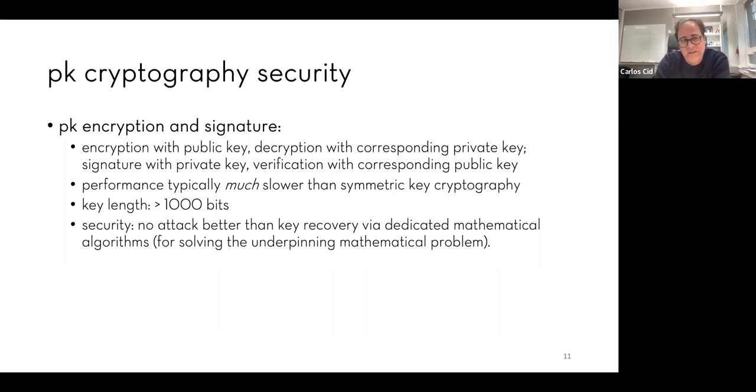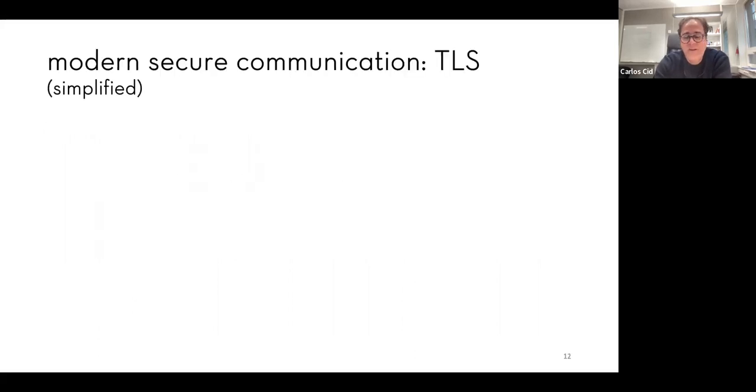This is not very easy to do, although in the case of RSA and discrete log there is a good understanding. For the algorithms that we're going to mention in a minute, this is less the case. So the security here, as I mentioned, is that the attack is not about trying every key, but rather looking at dedicated algorithms to solve the underpinning mathematical problem.